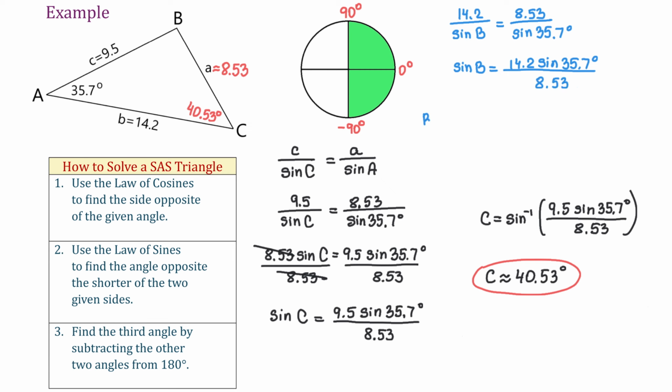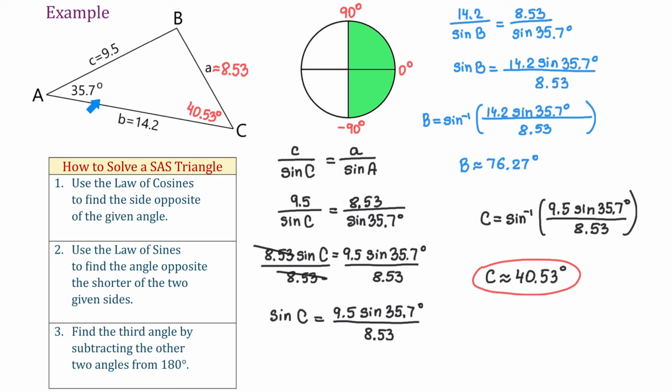Then B equals inverse sine of 14.2 sine of 35.7 degrees over 8.53. And if we use a calculator, then B is approximately 76.27 degrees. However, this is not correct.